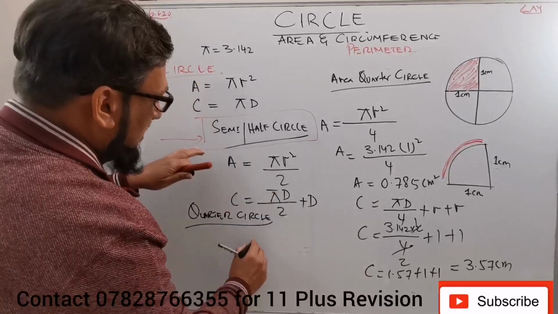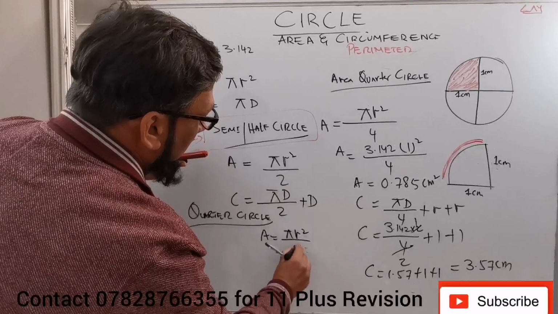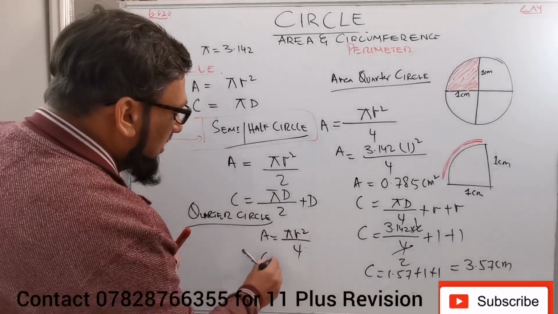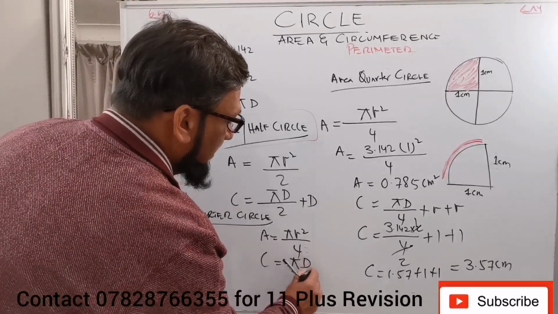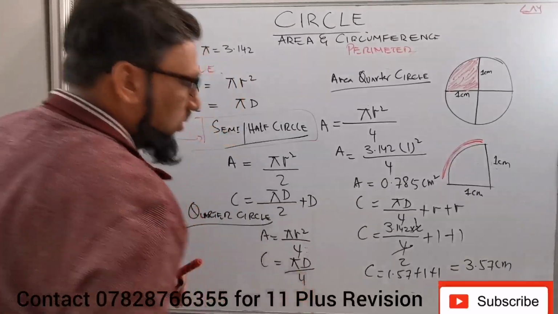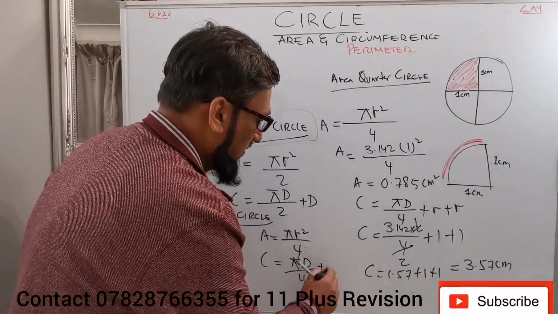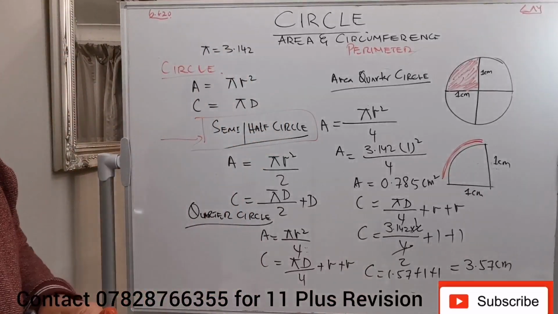The area is A equals pi r square divided by 4, since quarter means you divide by 4, and the circumference will be pi d divided by 4 plus r plus r.